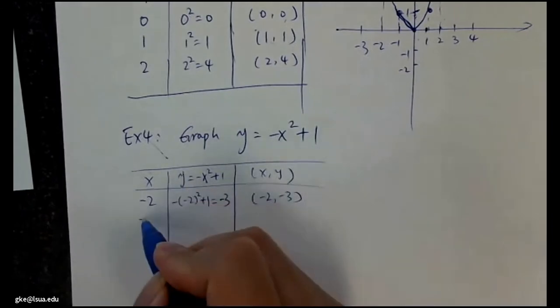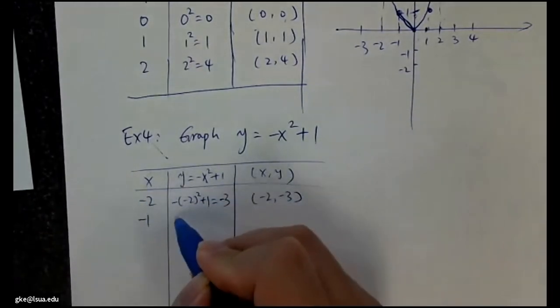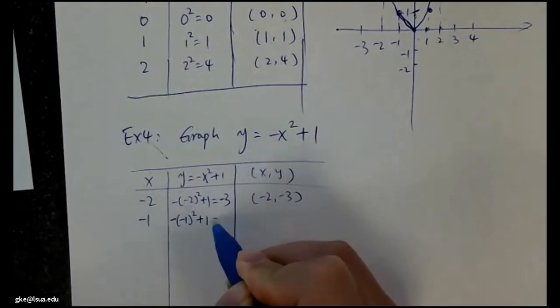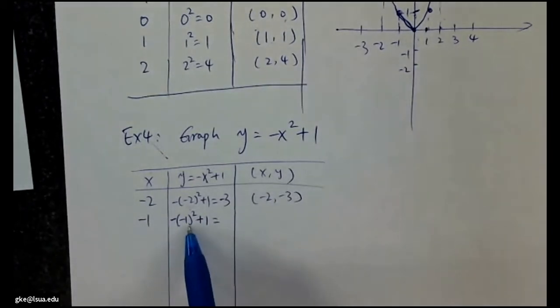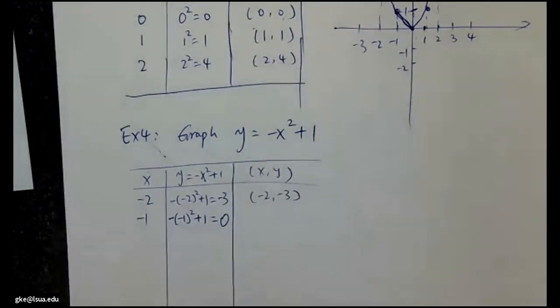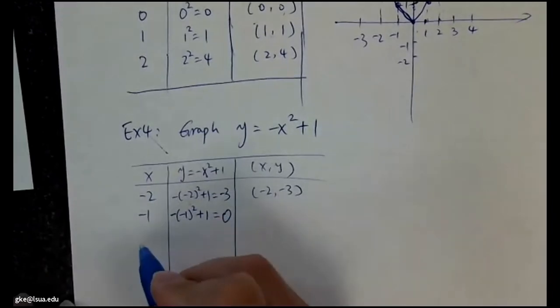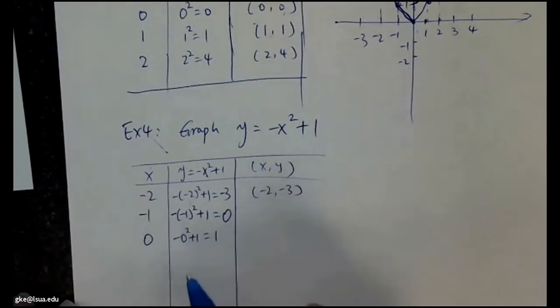If you pick -1, then you plug in, you're going to get -(-1) squared plus 1. Here -1 squared will be +1. -1 plus 1 is 0. And another one. We pick 0. Okay, -0 squared plus 1 equals 1.